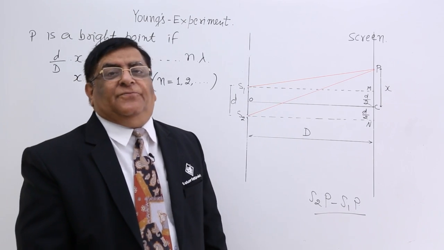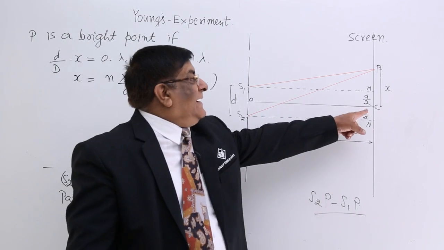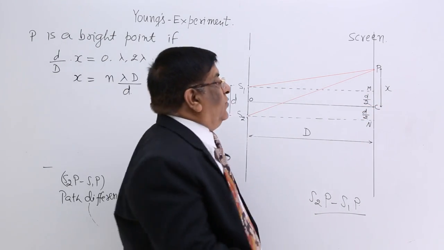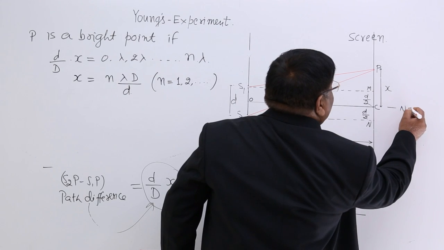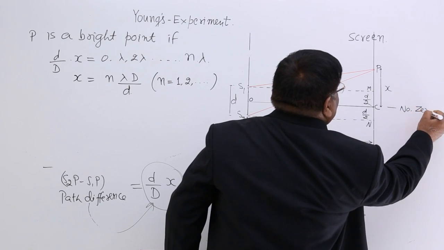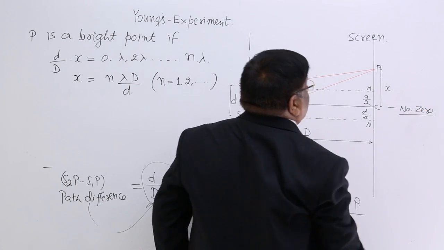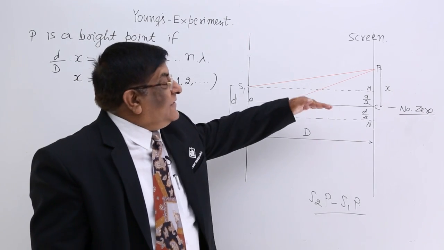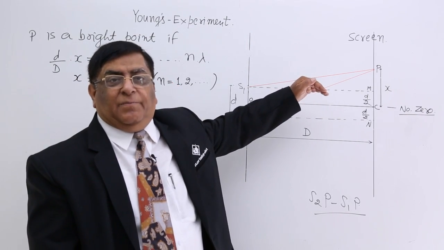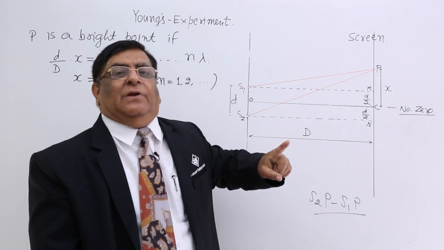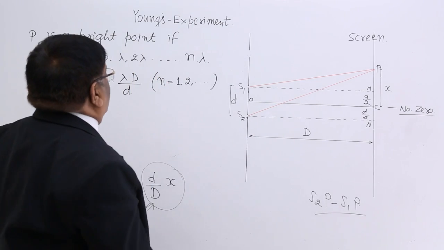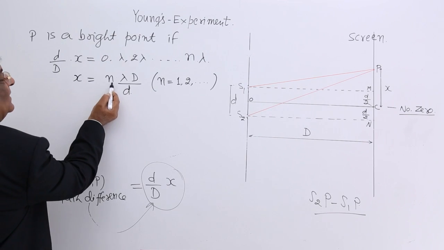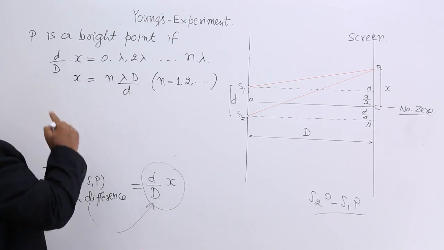Where is the path difference 0? At the central bright. What is the number of this fringe? This has number 0. We don't give it any number. Then after this, the first bright will be made where path difference will be 1 lambda. So how do we get 1 lambda? If n is equal to 1.